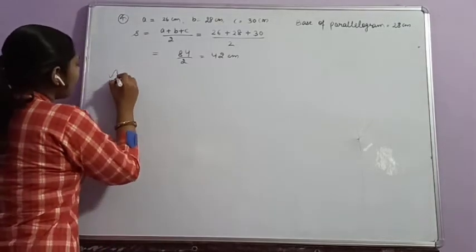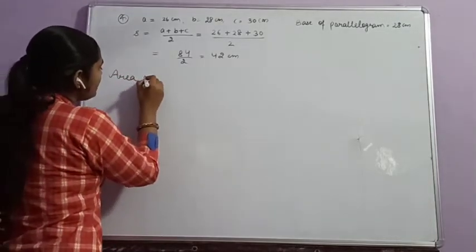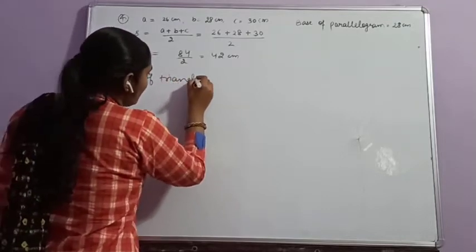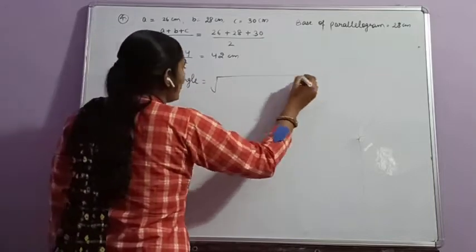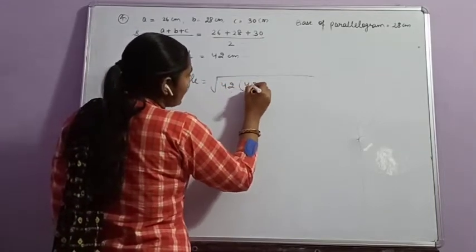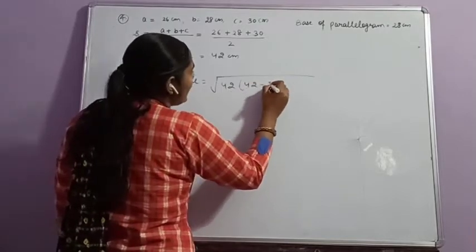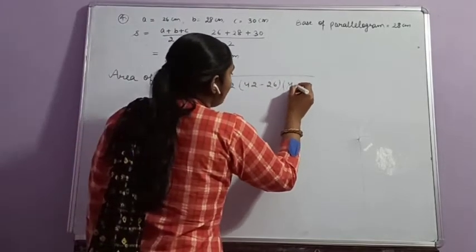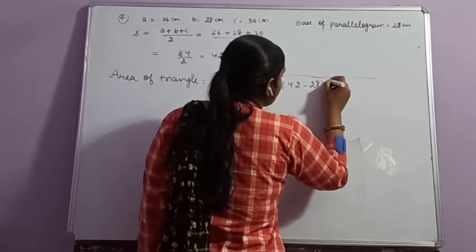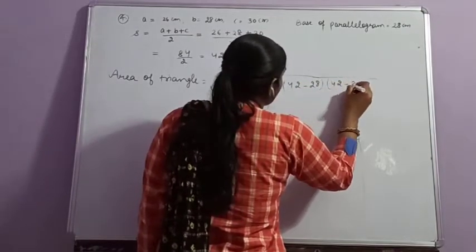Now the area of the triangle, by using Heron's formula, is equal to square root of s times (s minus a) times (s minus b) times (s minus c). s is 42, a is 26 centimeter, b is equal to 28 centimeter, c is equal to 30 centimeter.